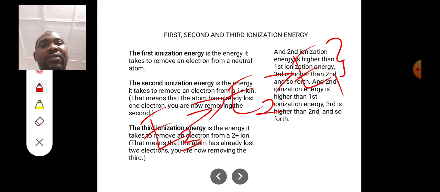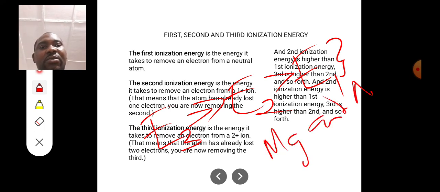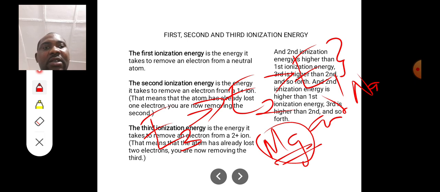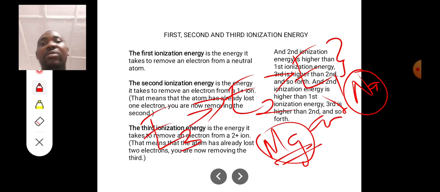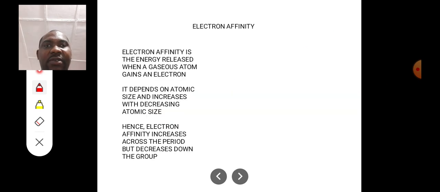So if they ask you to compare the ionization energy between magnesium and sodium, you should know that magnesium has a much higher ionization energy because you are going to be removing 2 electrons. Sodium has a lower ionization energy. You're going to be removing just 1 electron. Aluminum, 3 electrons. Then last, you see that ionization energy increases as you go across the period. That is very important for us to know.